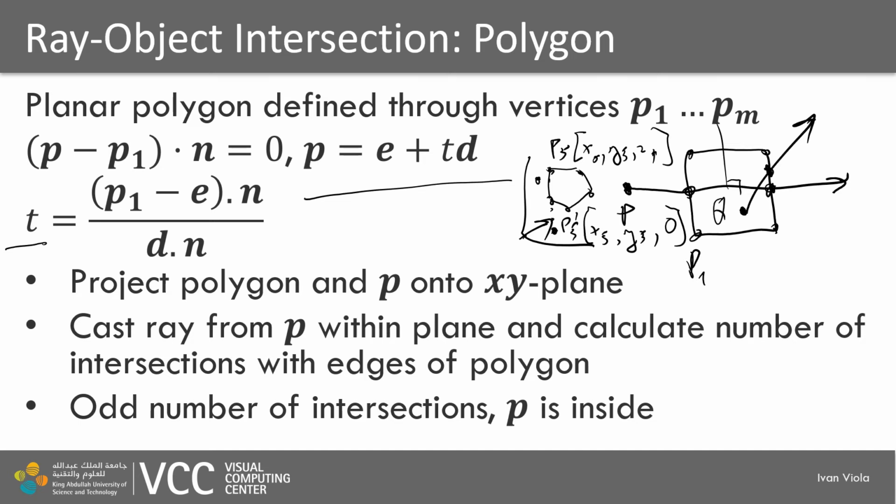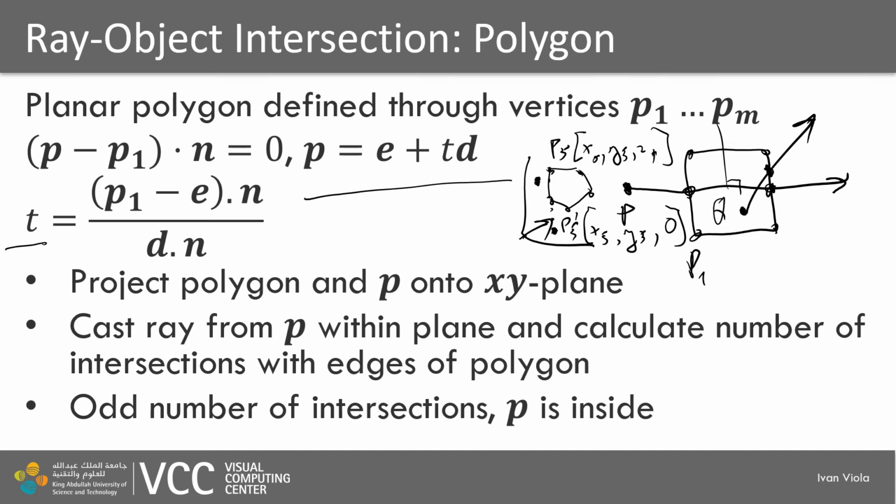By this, we will drastically change the geometry and the relationships between the distances, let's say, between the points. But what we will not change is whether the point which we are testing is inside the polygon or not. Within the 2D projection onto the xy plane, this property will not be destroyed.